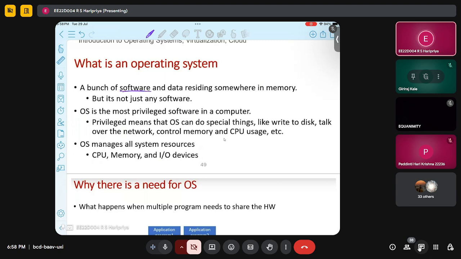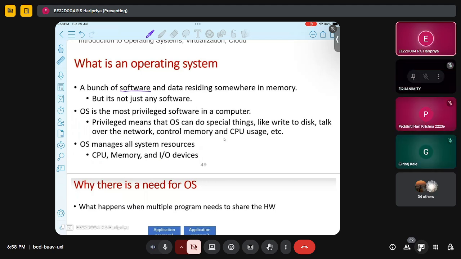Privilege means the operating system can do special things which the user application cannot do. So what is this privilege? Access means writing to the disk, accessing the network card or the memory, controlling the cache hierarchy and CPU usage.